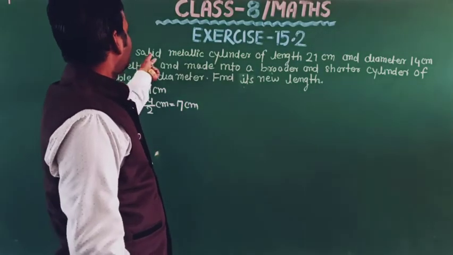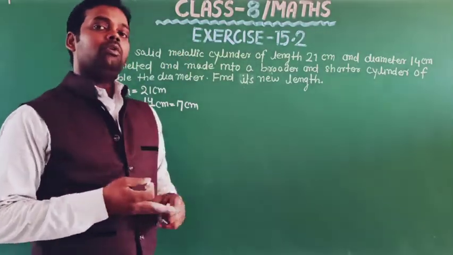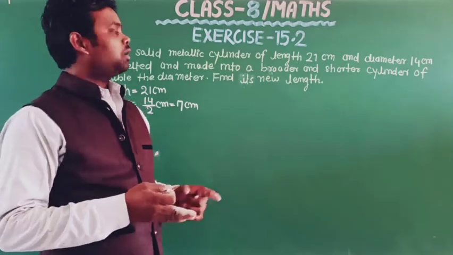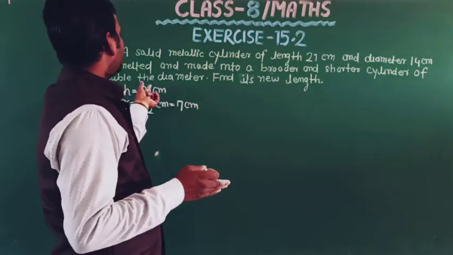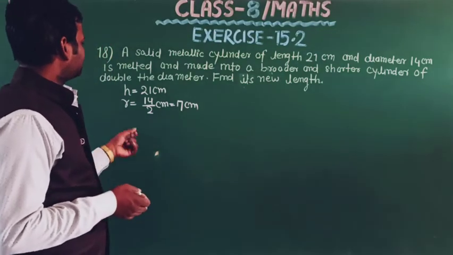The given solid metallic cylinder of length 21 cm and diameter 40 cm is melted to form a broader and shorter cylinder of double the diameter.